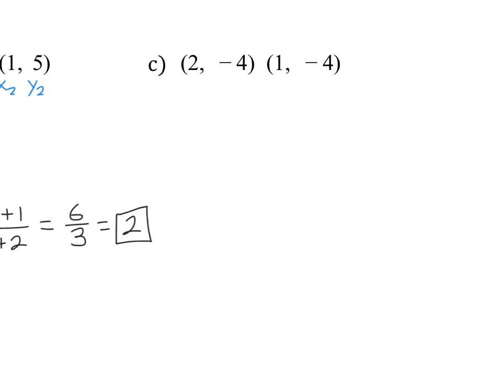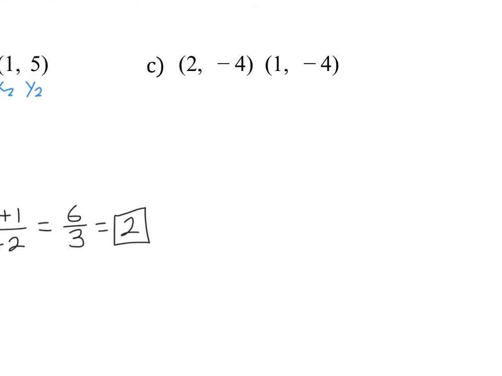Okay, let's try one more together. So here I'm going to start by writing our formula, y2 minus y1 over x2 minus x1, and label our two coordinates, x1, y1, x2, y2. So now I'm going to substitute the values.